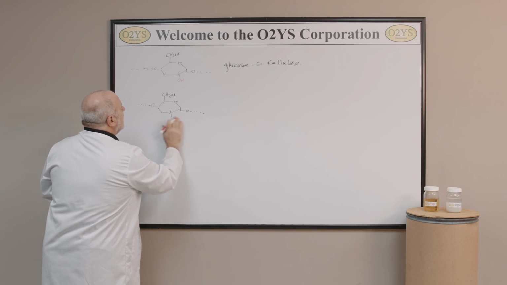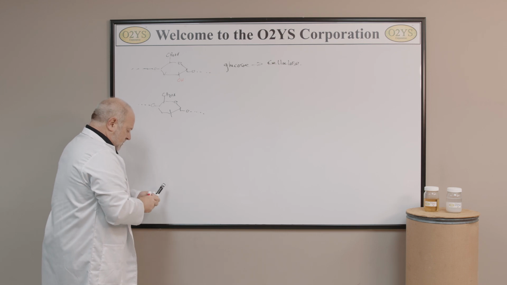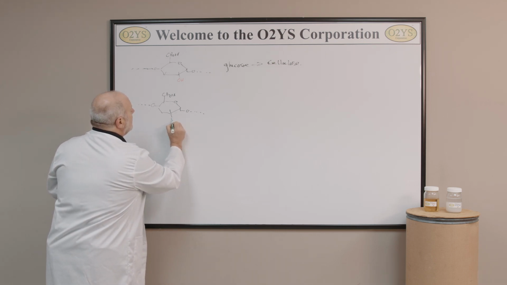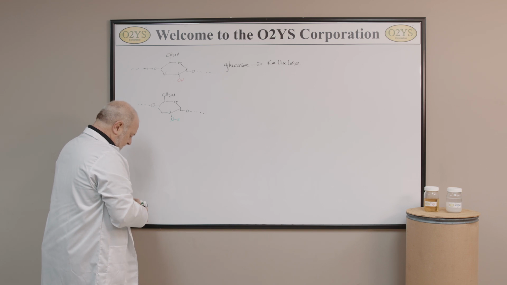Oops, I messed up already. Let me do something else here real quick, in a different color. There's a nitrogen in there. And let me go and use another color.